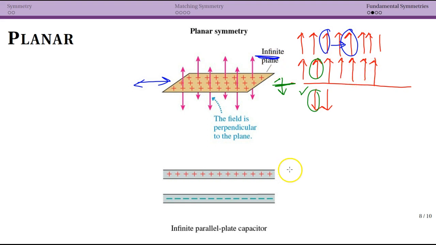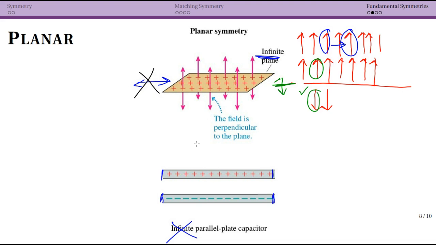So one example of this that you have already met is the infinite parallel plate capacitor, where we just think about this as the sum of two planes. Now, when we think about the finite parallel plate capacitor, where we actually put edges on, we lose the translational symmetry, right?